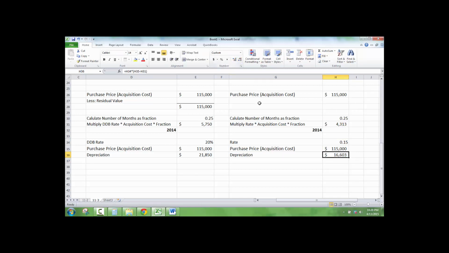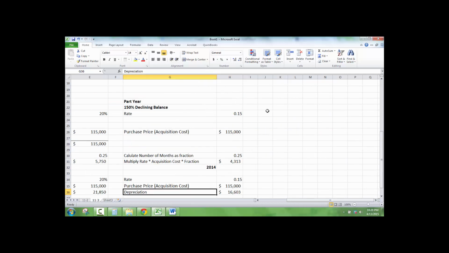I'm just going to round to the nearest dollar. And this is 150% declining balance. We have one more, which is the unit production, part year, units of production.